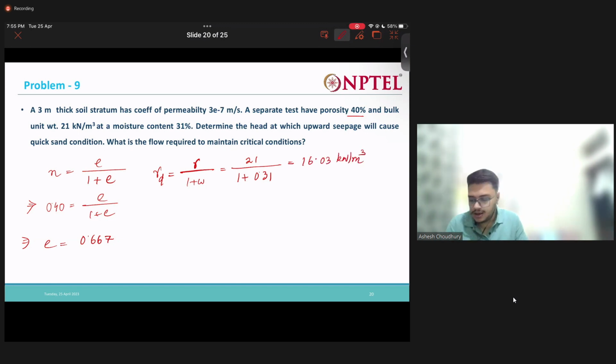Okay. Now also we know that gamma t is G gamma w by 1 plus e, right? From here can we find out G?